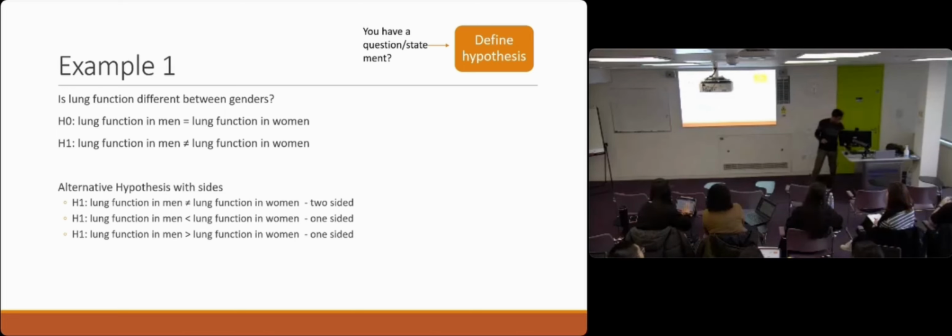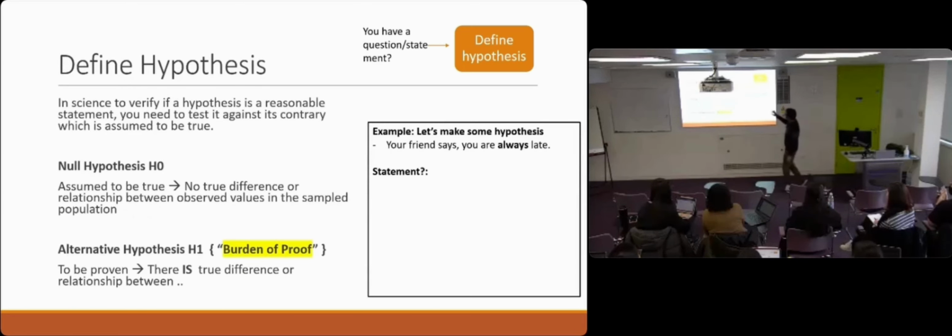One of the interesting questions that I remember asking is this. Let's say your friend is saying that you are always late. How would you make a proper hypothesis around it? What would be the null hypothesis?